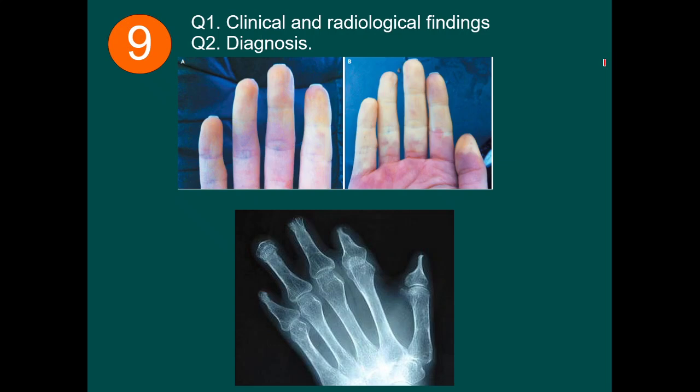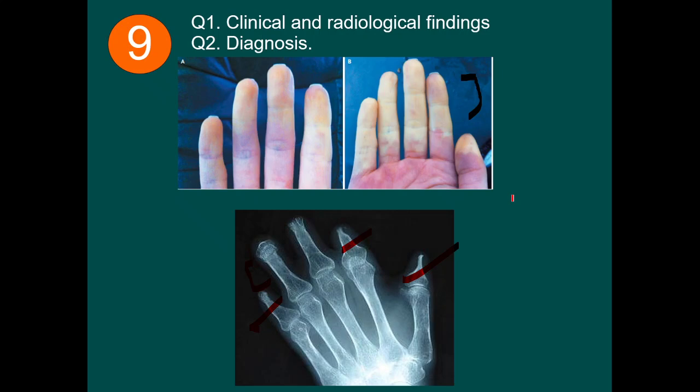The next clinical spotter. What is the clinical and the radiological finding and what is the diagnosis? Again, an image from old editions of Harrison: upper limb Raynaud's phenomenon or extreme of that, where the tips got necrosed.